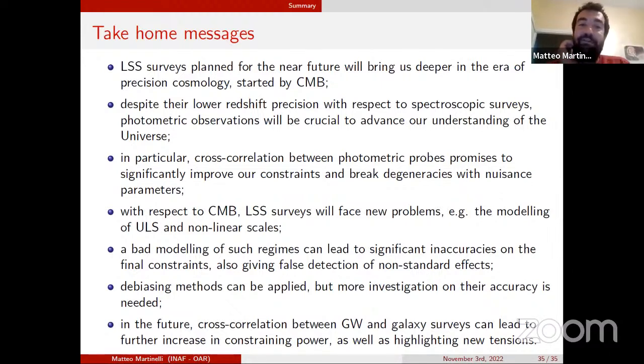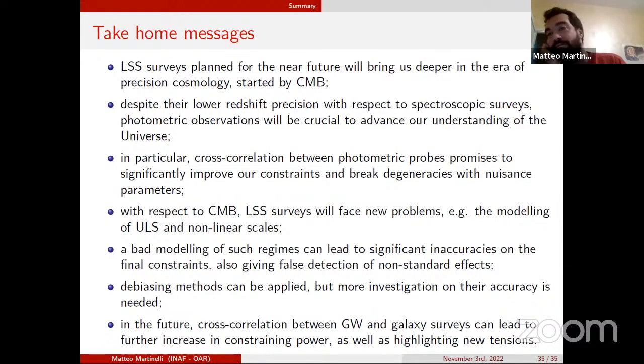We will have fantastic statistics coming from the photometric survey, and the cross correlation between different probes will be extremely helpful to cosmology. It will give us the opportunity to break the degeneracies with nuisance parameters, and measure something about astrophysics, and obviously cosmology.